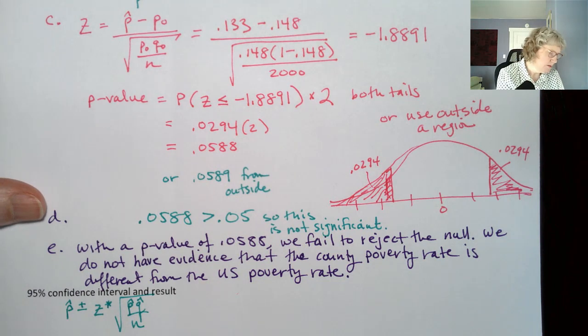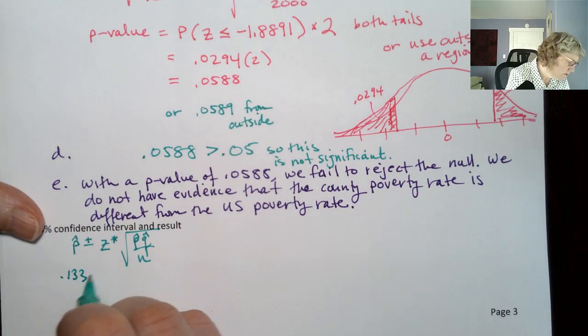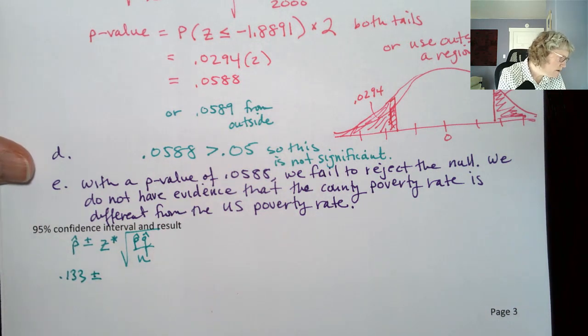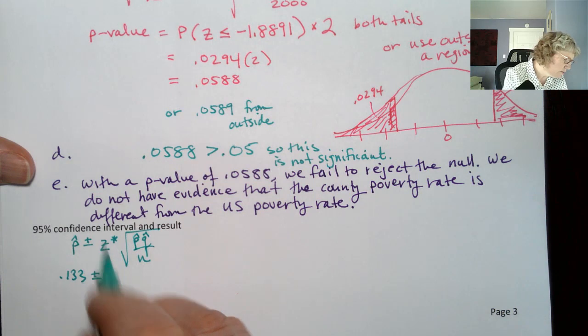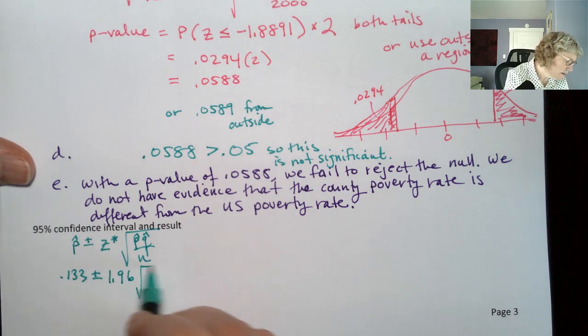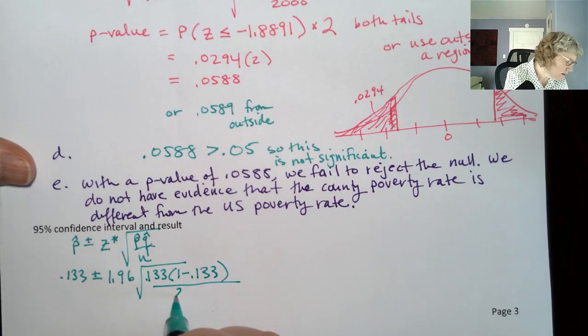So this is going to be 0.133 plus or minus, and we were using the 5% rate, so we're going to use 95% confidence, 1.96 square root 0.133 times 1 minus 0.133 all over 2,000.